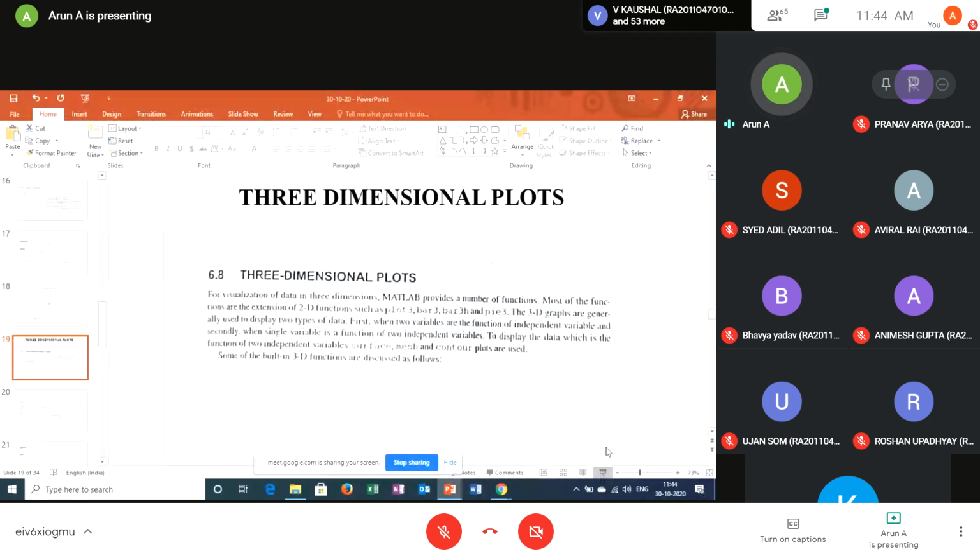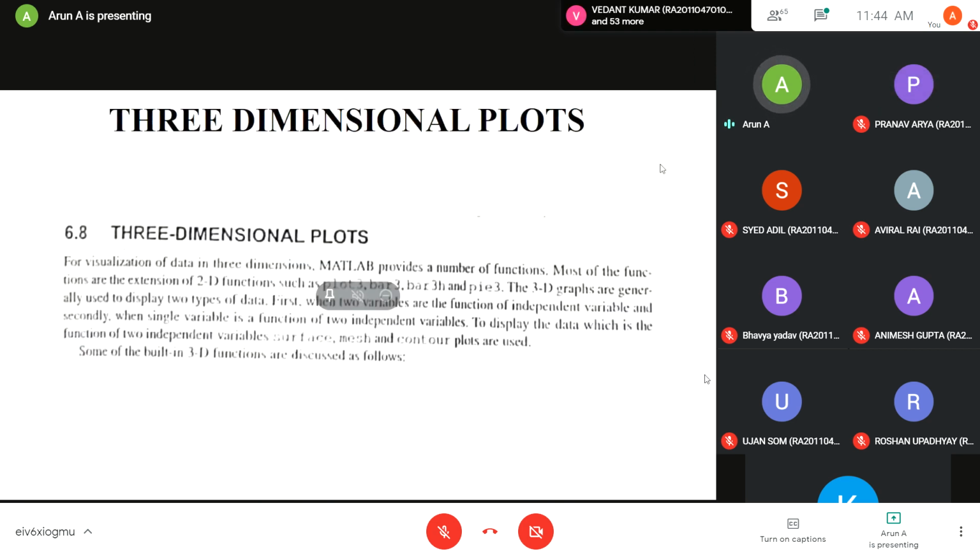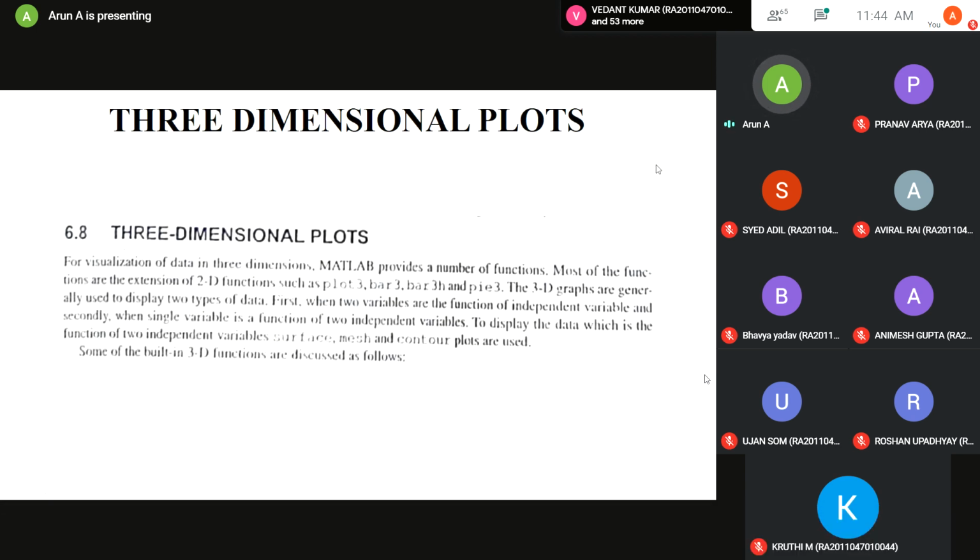Okay, our last part of the presentation, you can call it the last of plotting, is three-dimensional plots. Till now what we have seen are different plot commands, that was all for two-dimensional. But right now, we want everything to be watched in 3D.